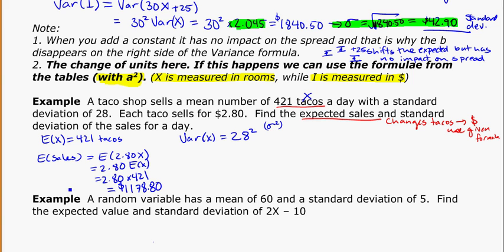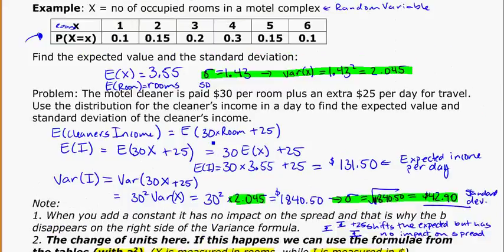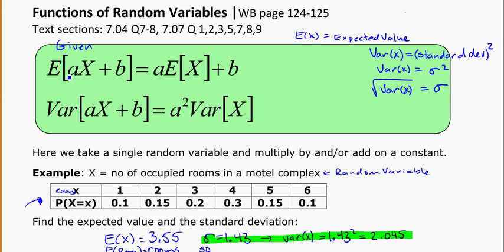And this is now dollars. So the expected sales is $1,178 and 80 cents. Now my variance, again, here you've got the interesting situation where you've got to remember to square it. So for the expected value, you just multiply it, but for the variance, you have to square it.